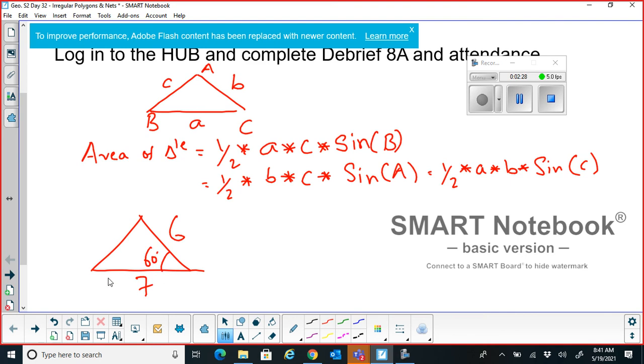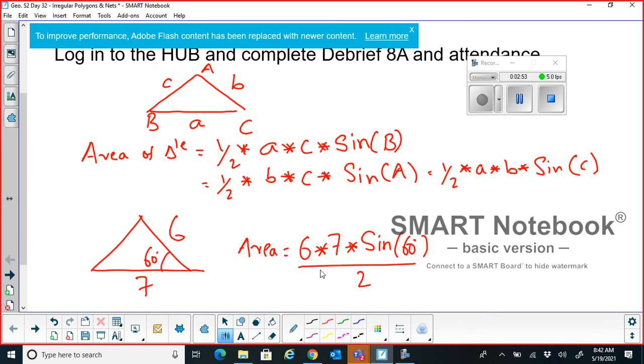Then the area of this particular triangle is, these are the two consecutive sides, right? 6 and 7 are consecutive sides, so I can take 6 times 7 and the included angle is 60 degrees, so sine of 60 degrees, divided by 2.